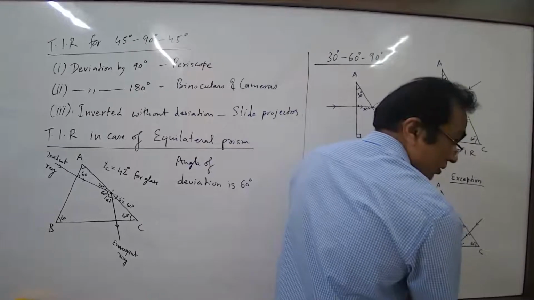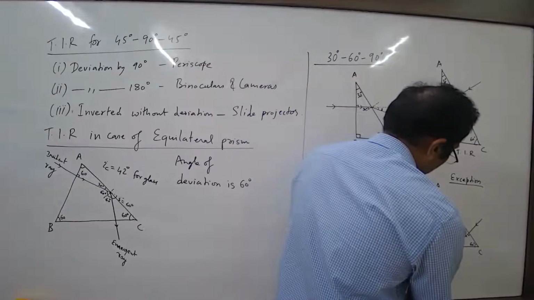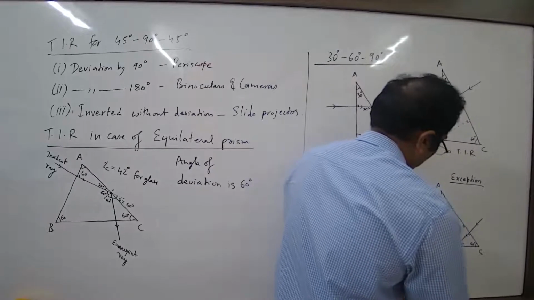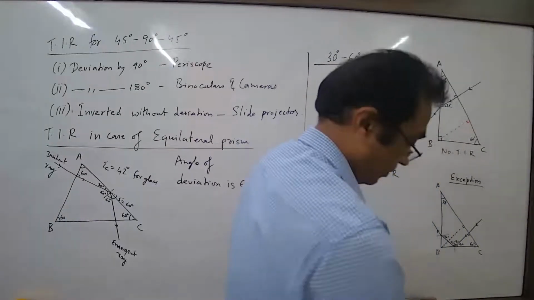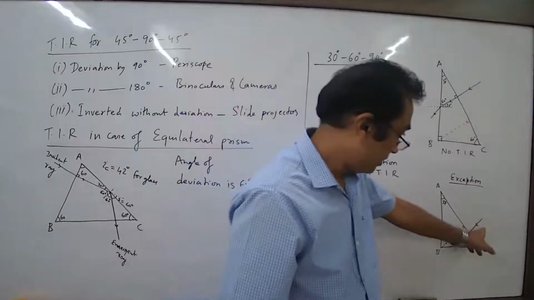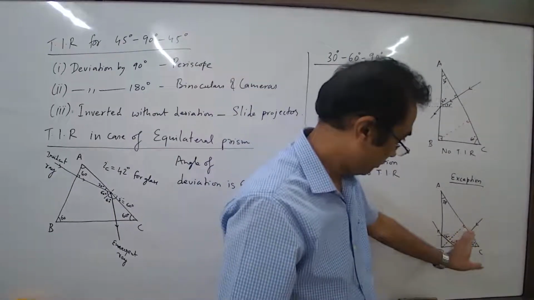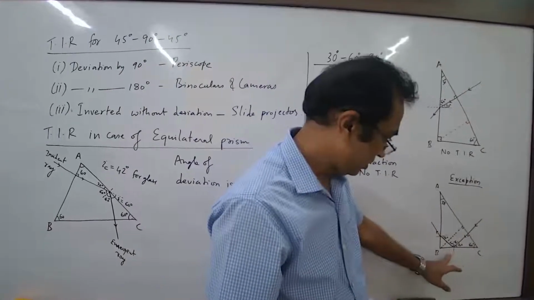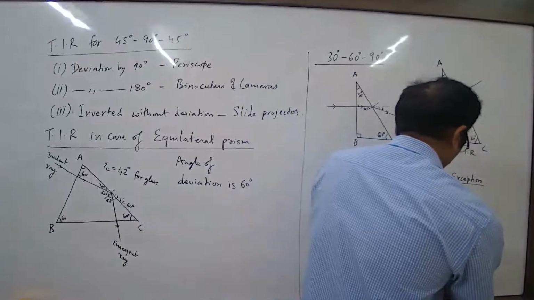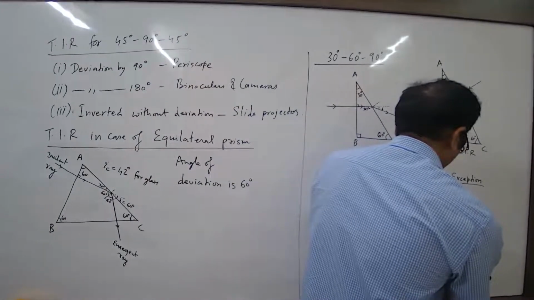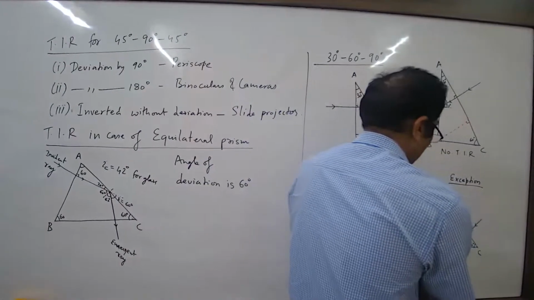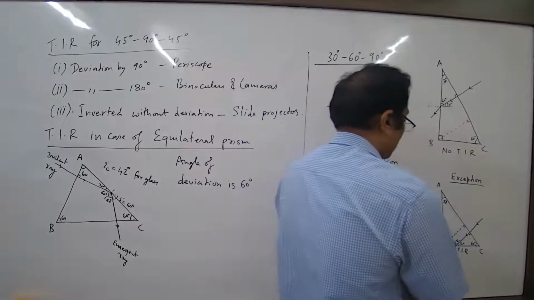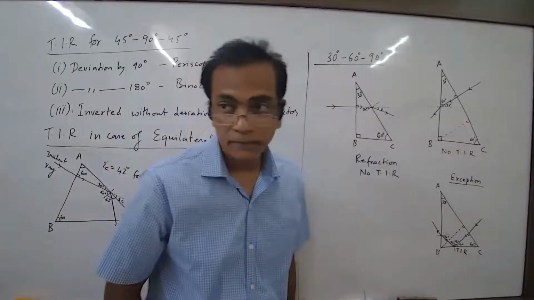So therefore, no TIR, it will be refracted away from the normal. Got it? So any ray incident on face AC within the foot of the perpendicular from the right angle will be totally internally reflected from the bottom face. But then that reflected ray will suffer refraction at the face AB.